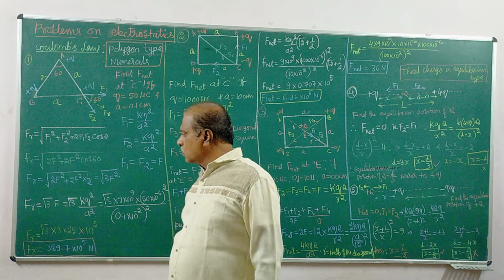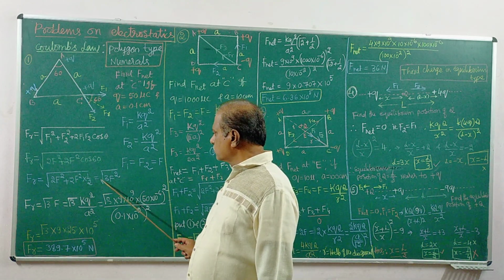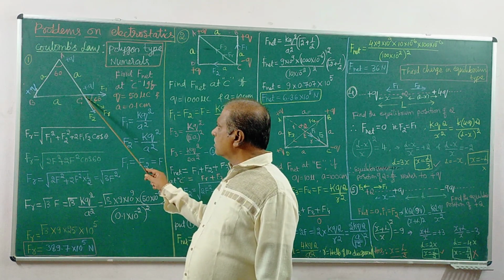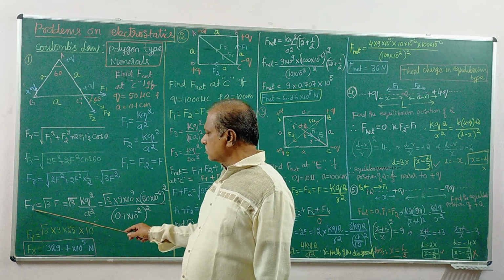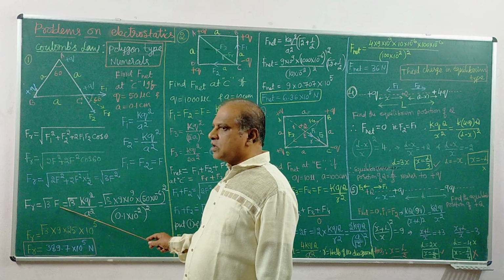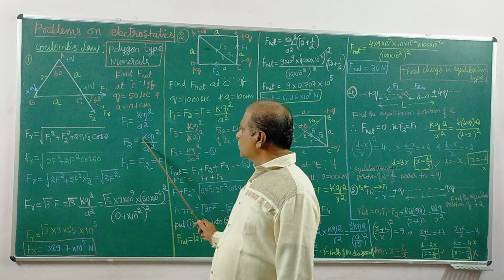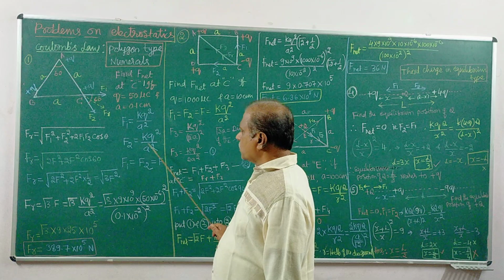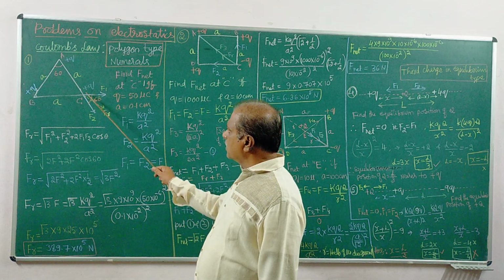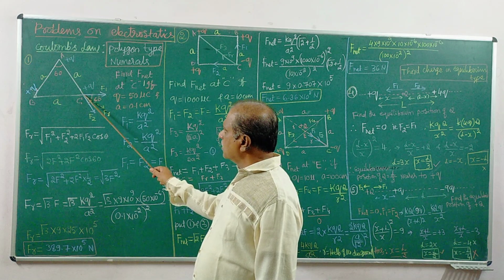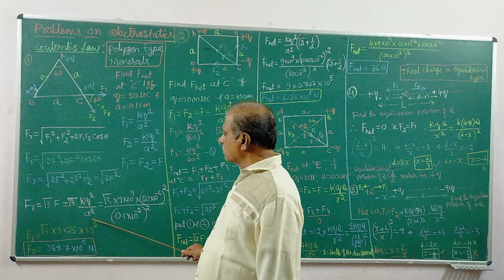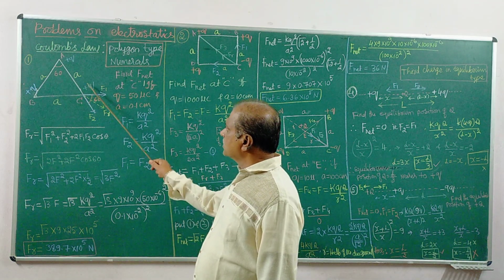So F resultant is equal to root 3 F. And the formula of F is K Q square by A square. So the resultant at this charge is root 3 into K Q square by A square. That is the formula for this situation.